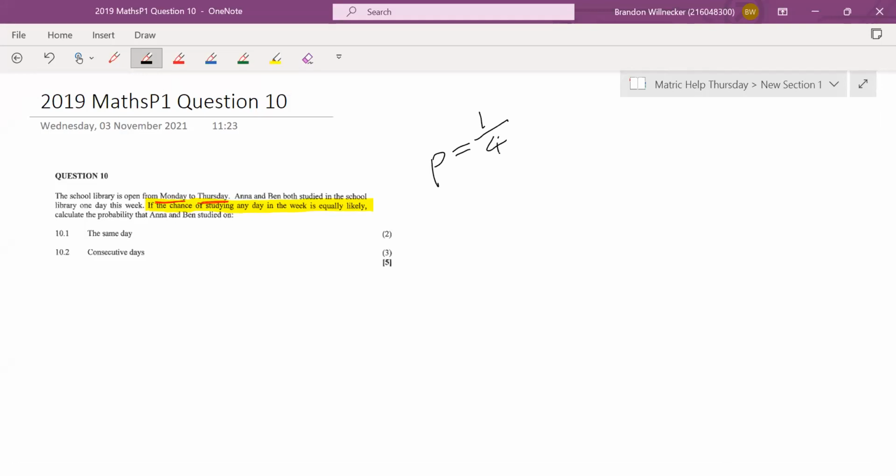Calculate the probability that Anna and Ben studied on, let's do this first one, the same day. That means both of them on the Monday or both of them on the Tuesday, and so on. So 10.1.